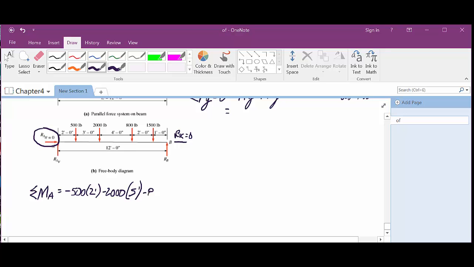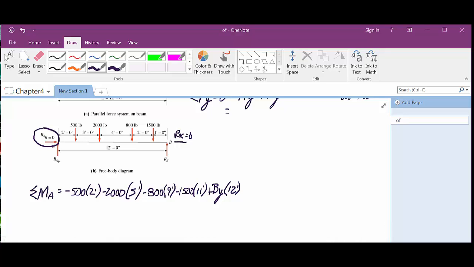Minus 800 times 9 feet. Minus 1,500. Let's see, 9, 11. Plus BY times 12 feet.